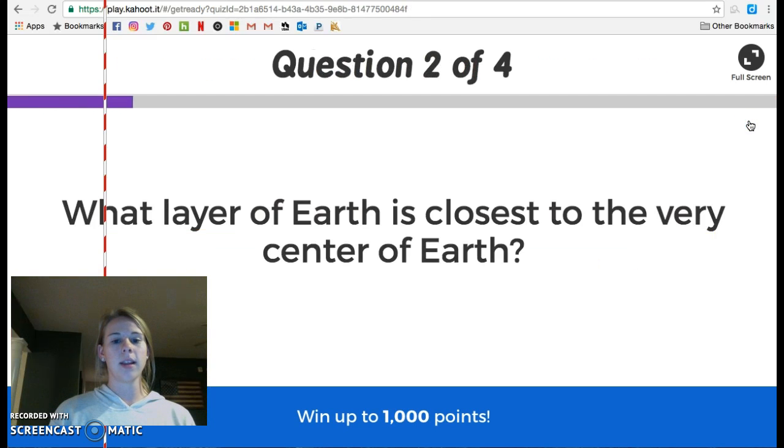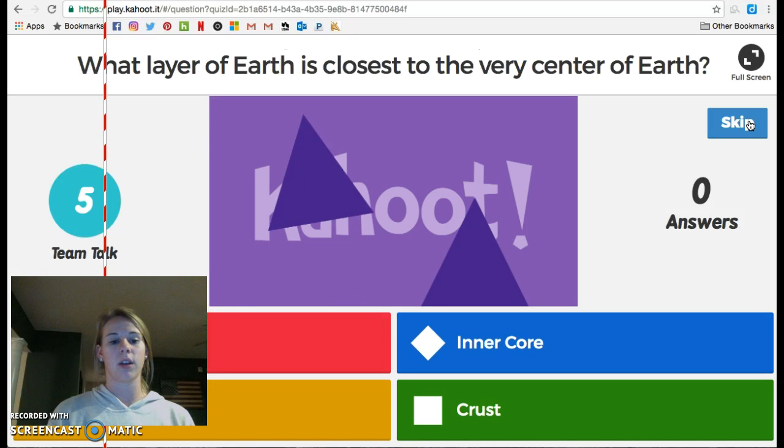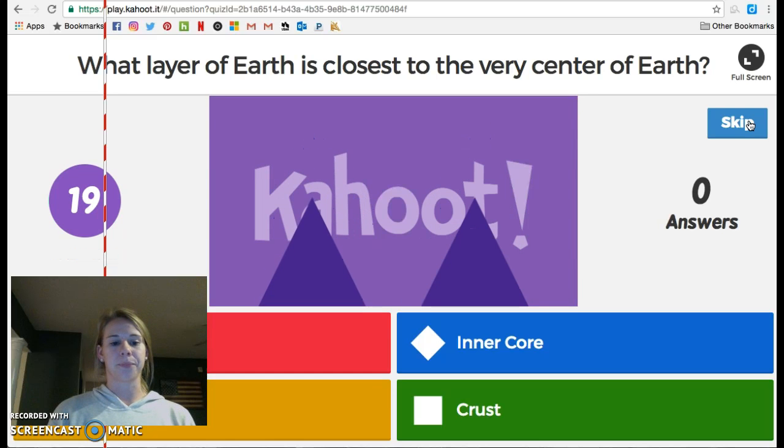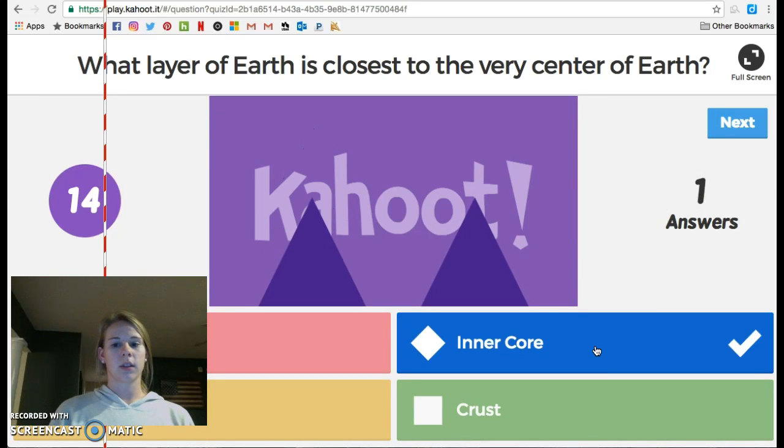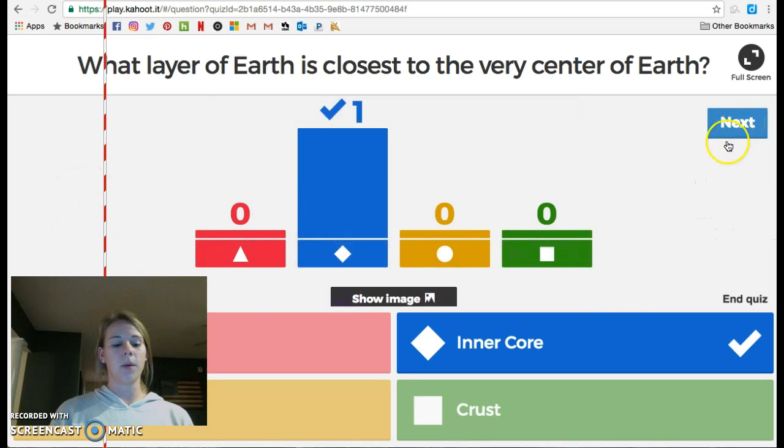Next, what layer of Earth is closest to the very center of Earth? So, what do we think it is? Let's see who got it. Oh, everyone got it right. Great job. And that is all for our lesson today on the layers of the earth.